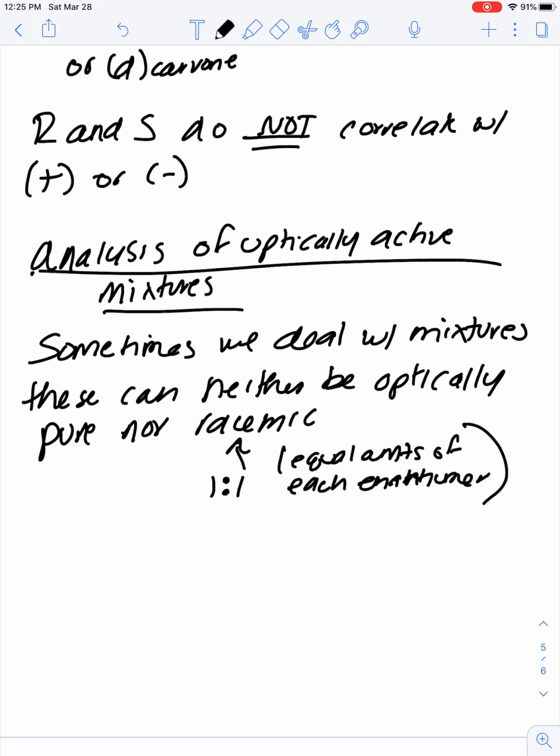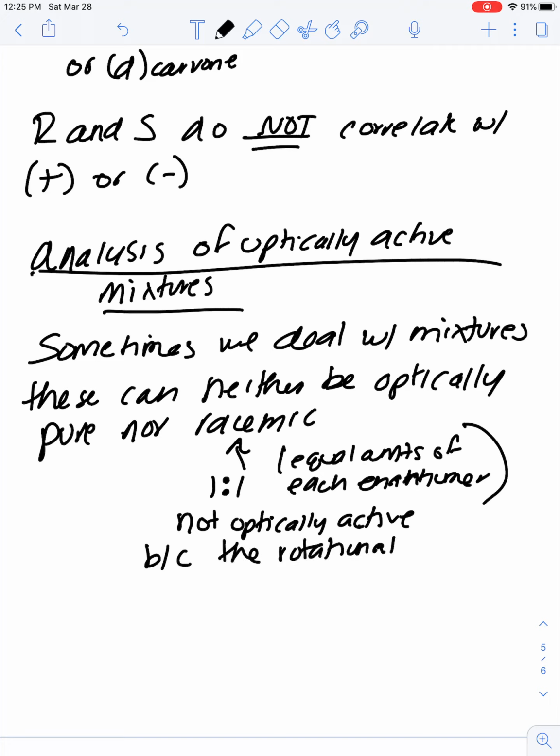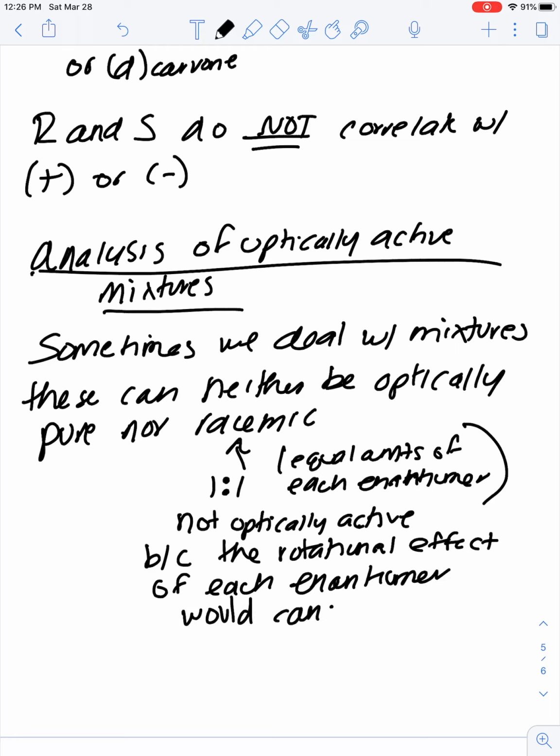When we have equal amounts of each enantiomer, which we'll get into in the next lecture, these are not optically active. The reason for that is because the rotational effect of each enantiomer would cancel each other out.